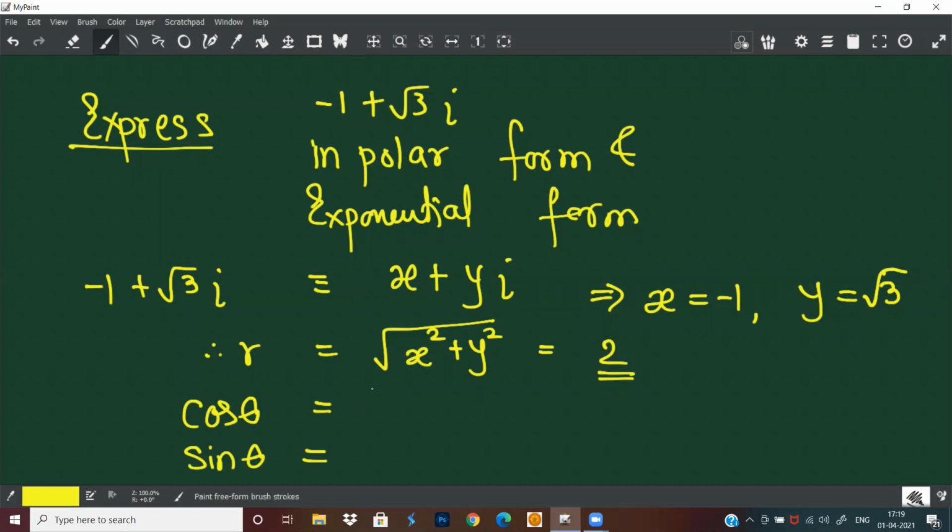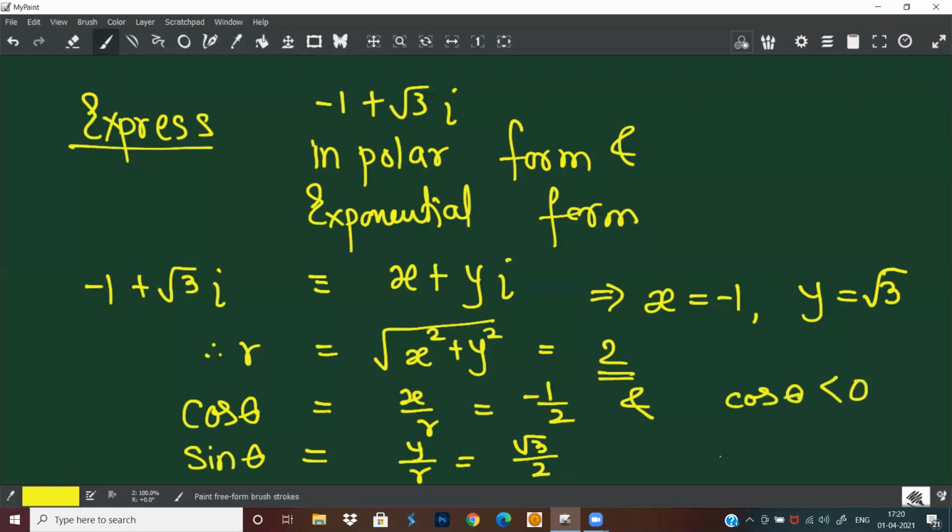Do you remember how to find cos theta? X upon r. And sin theta is y upon r. So your cos theta is negative and sin theta is positive. What does it imply? Who will tell me?